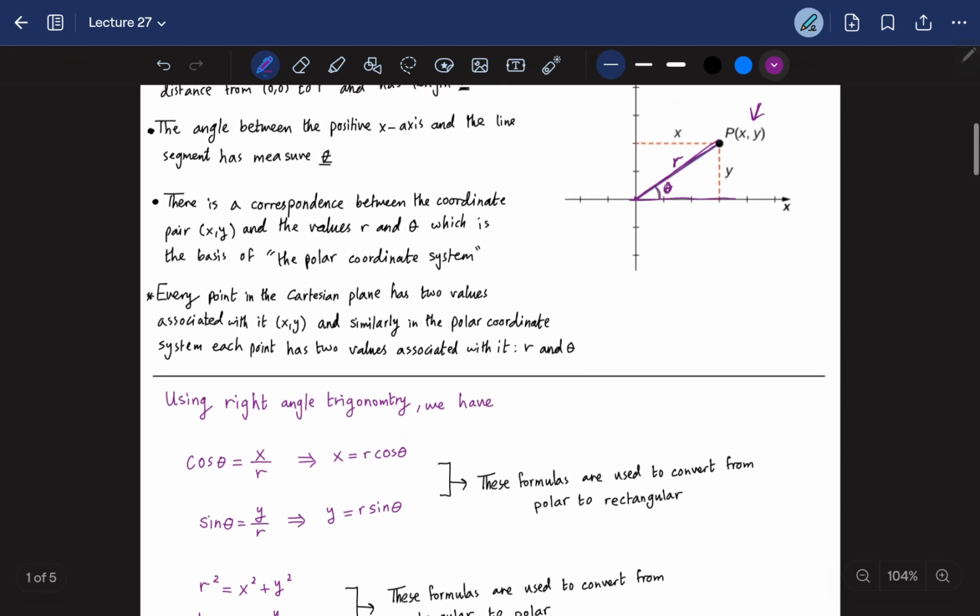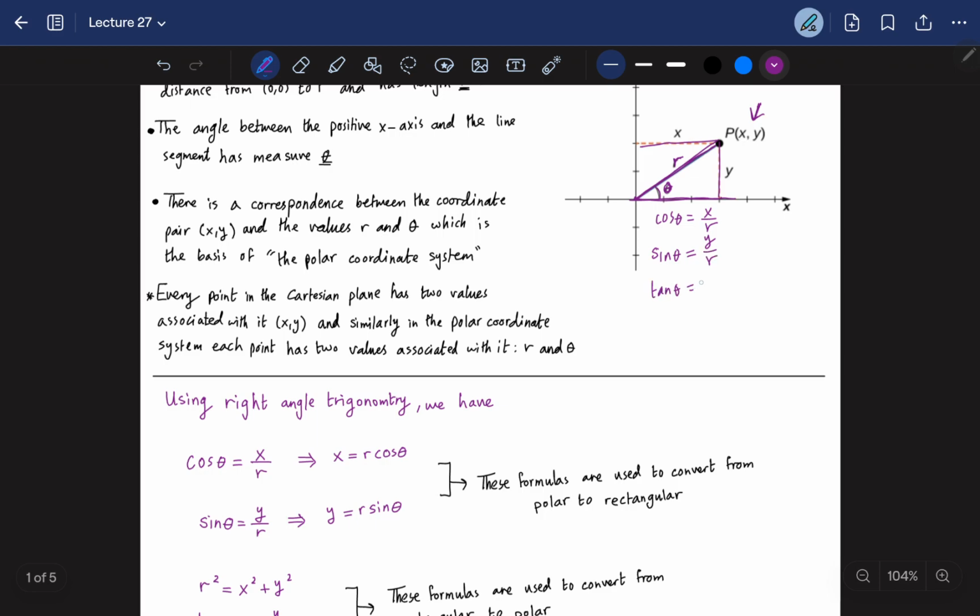Okay, now since this is a right angle triangle, I can find angles with trig functions. So if you find cosine of theta, adjacent over hypotenuse, so if this is x, this distance is also x, so it's x over r. Similarly, sine of theta, opposite over hypotenuse, that's y over r.